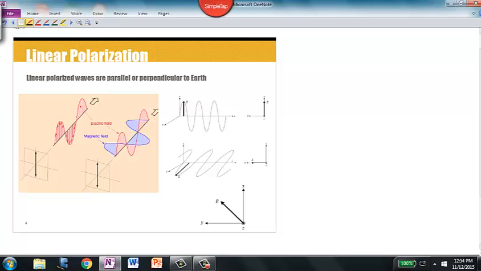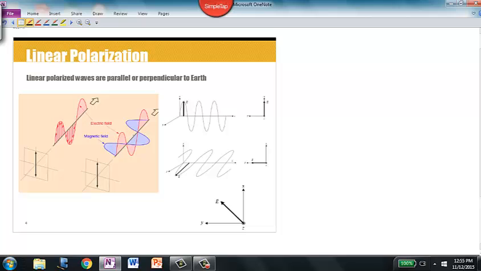So let's first talk a little bit about linear polarization, which is probably the most common type of polarization. There are two types of linear polarization. There is vertical polarization, in which the E field vector is perpendicular to Earth. Here the E field is indicated in red.